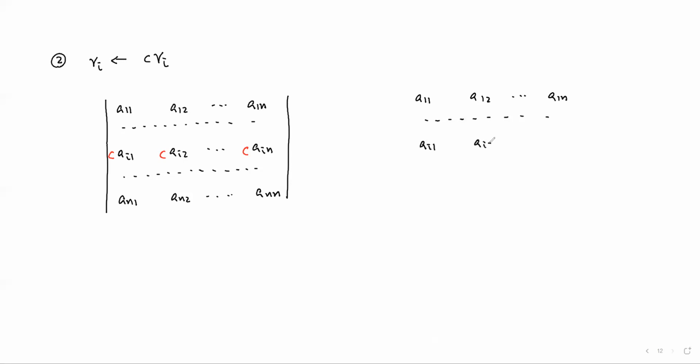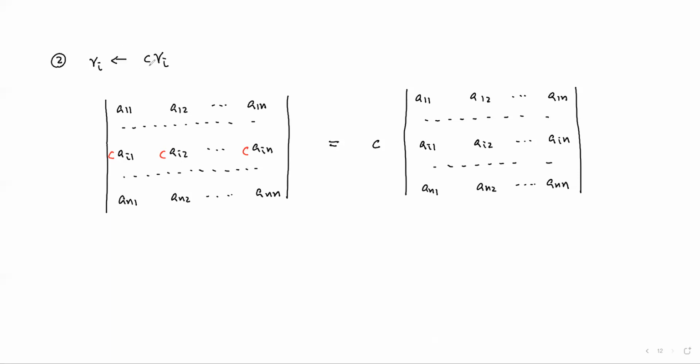It turns out that this formula says that if C is a common factor of row I, you can take C out: C times this determinant.